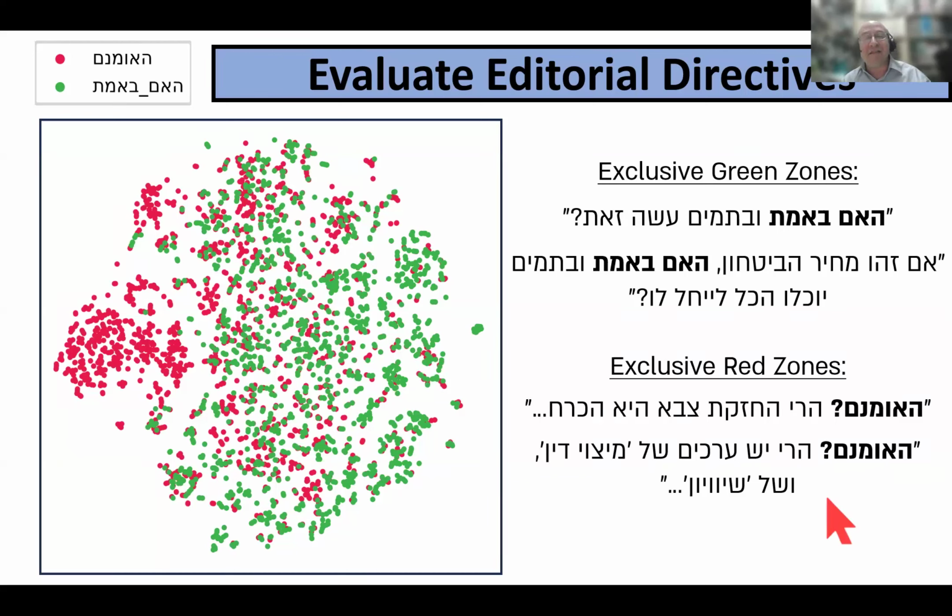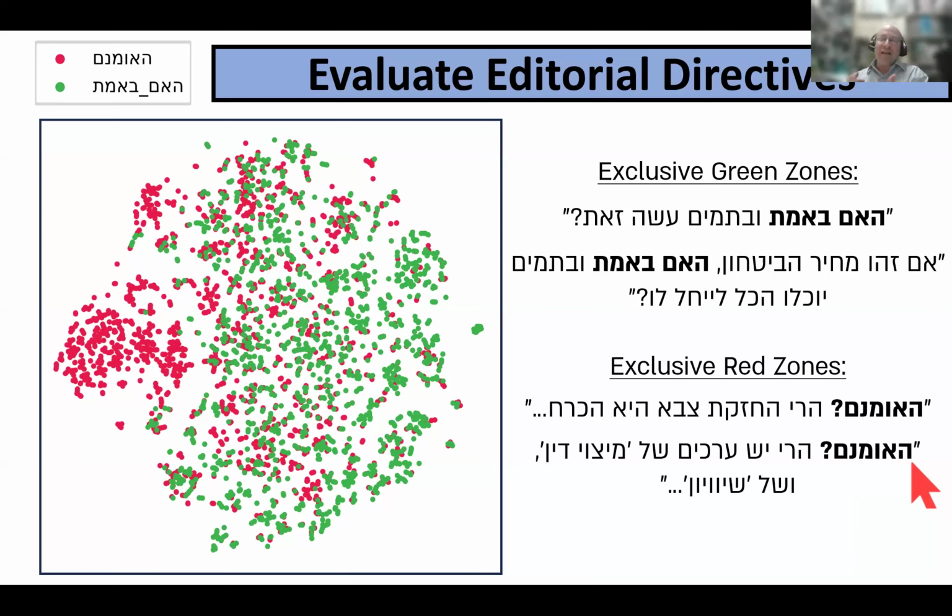And the red zones, interestingly, the other way. There's also a restriction, which is although the places where "omnam" is used tend to be the same places as "ha'im be'emet" is used, there's one place where that doesn't work, and that is when it's used as a sentence in and of itself. If we start the sentence "ha'omnam," if that's the entire sentence, then that's something we don't find with "ha'im be'emet."